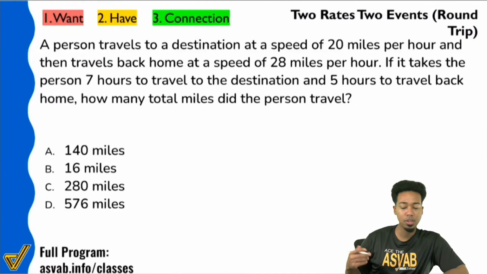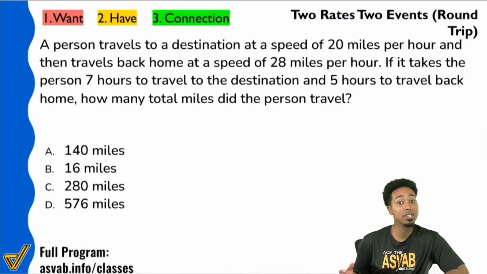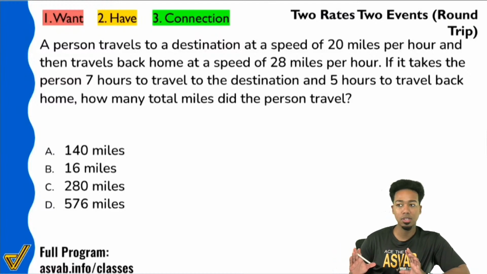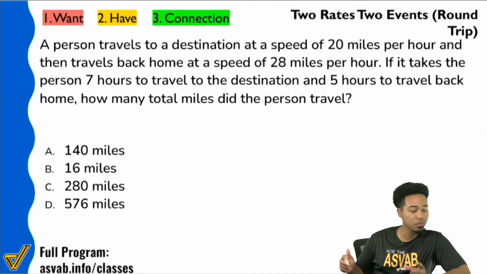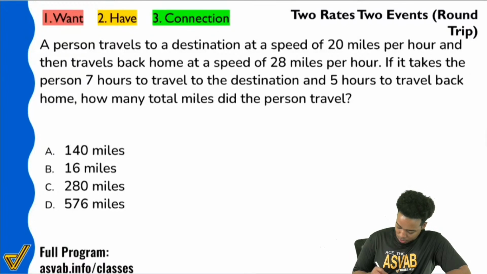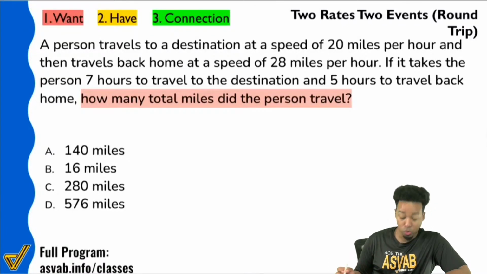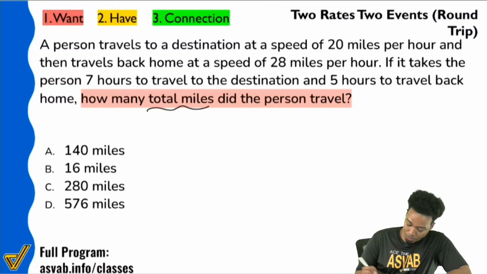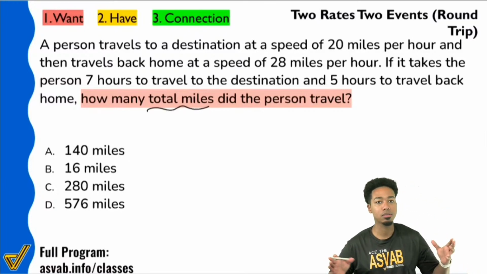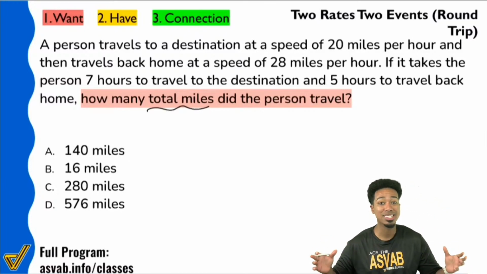So this is another mini question type inside of today's lesson that I wanted to throw in, just flat faced at you to see if you can adjust to what looks to be the same type of problem, but it's actually a little different. So right here it says, how many total miles did the person travel? Okay, how many total miles? Everybody, doesn't that mean that we're going to take the different events and add those distances together?